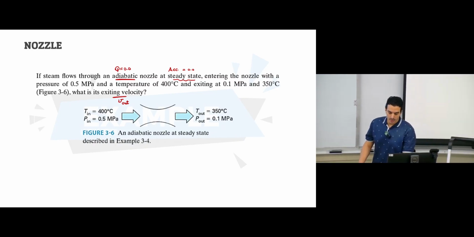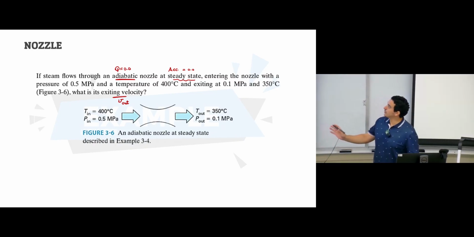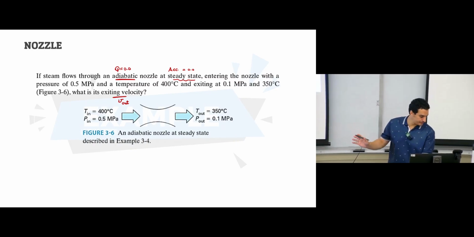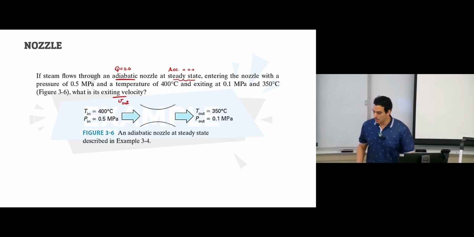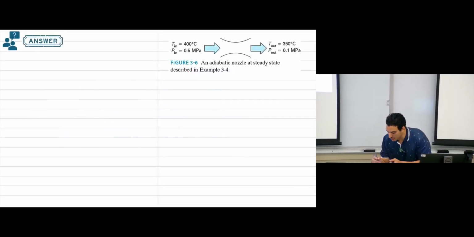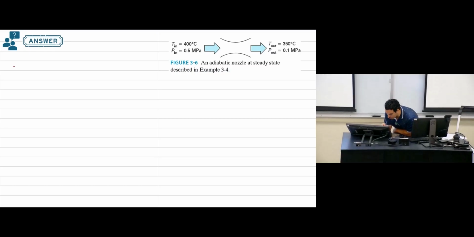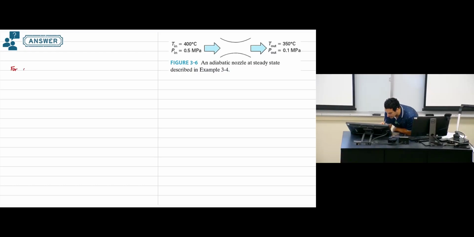Okay, so again, is this system an open or closed system? So this is an open system. Okay, so let's write the conservation of energy for an open system. Let's start with the general one.